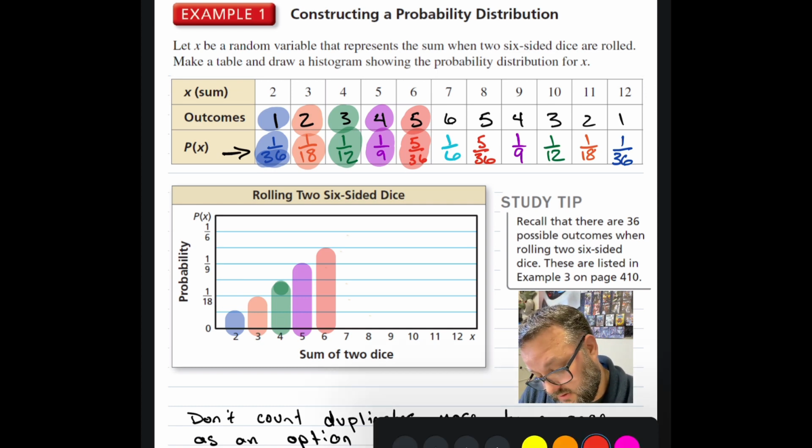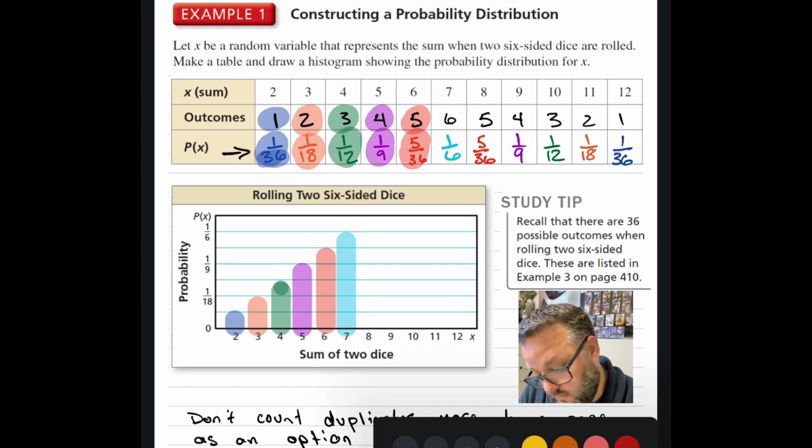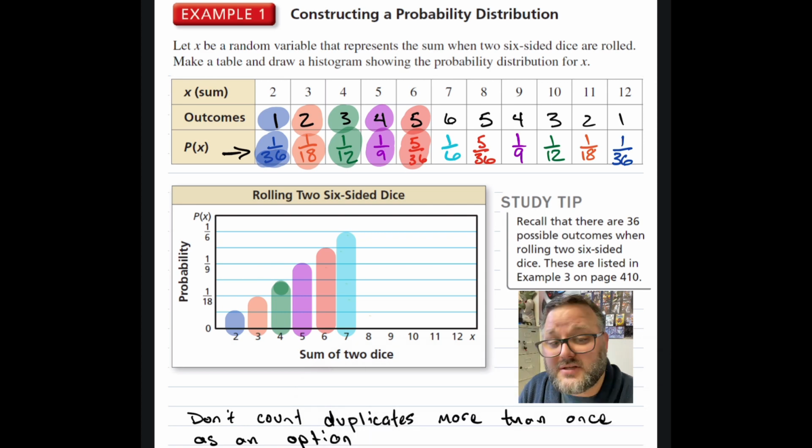Now I've got to change this to color code. Here's the magic one. At 7, we kind of hit a peak. We make it all the way up to a 1 in 6 chance. And here's what's interesting. If we go backwards, or as we increase, it's almost like we're going backwards, because to roll an 8 is the same probability or chance, or sorry, a sum of 8, as rolling a sum of 6.